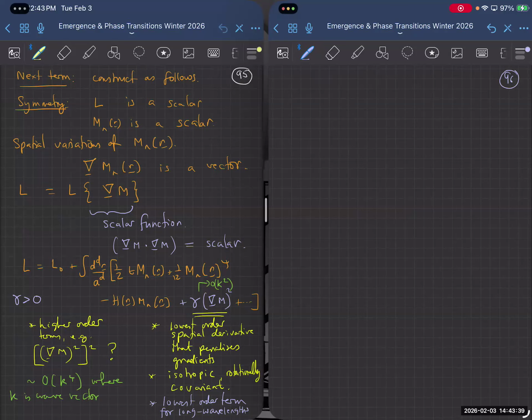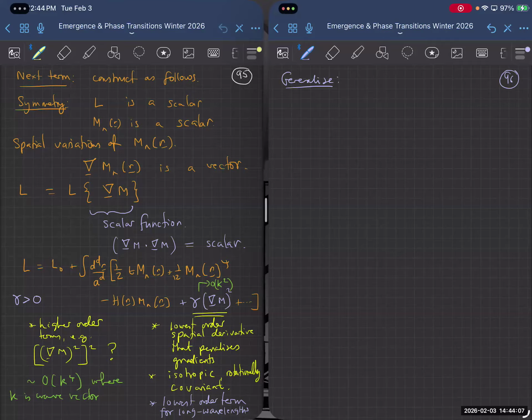So what I want to do now is slightly generalize all this. I wrote down specific coefficients here in my Landau free energy, a half and a twelfth and things like this, just to show you how it came from our mean field theory.